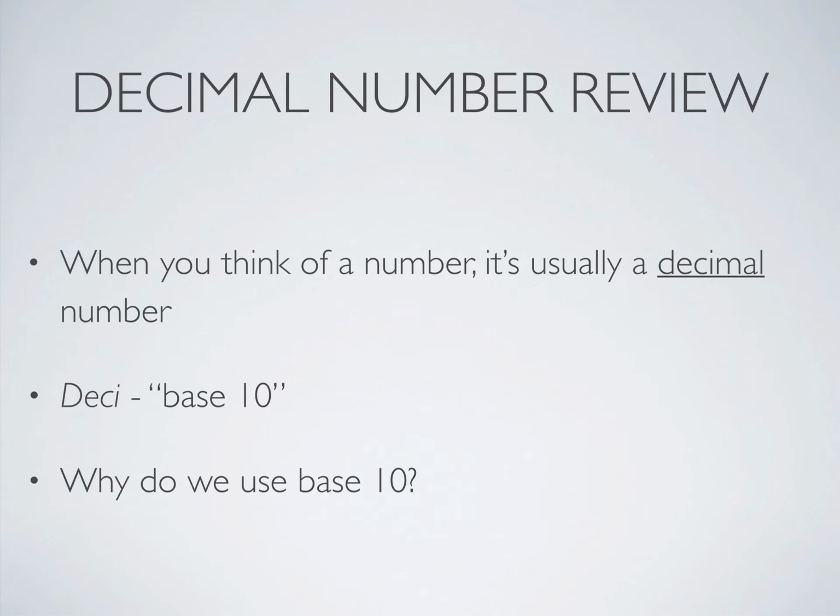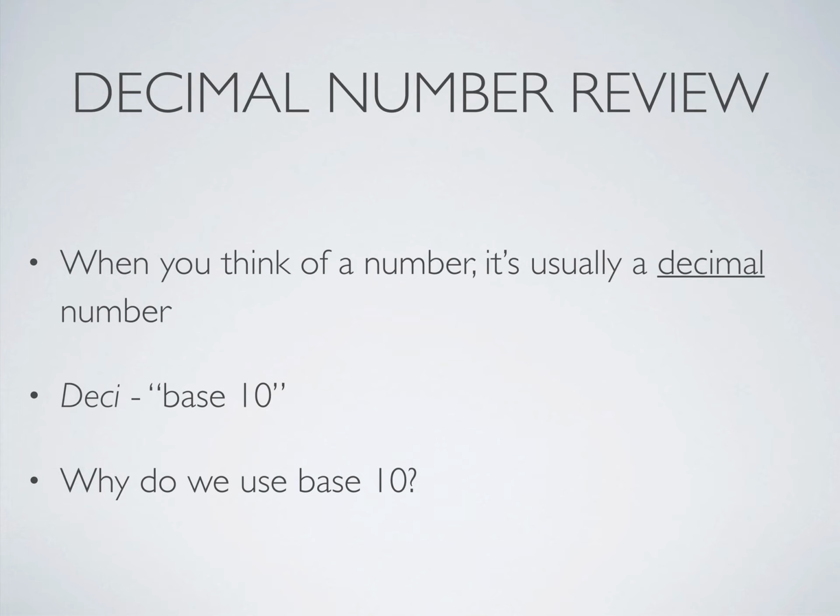Alright, before we get there, I want to do a quick review about decimal numbers. So these are numbers like we've grown up with numbers. These are numbers that are base 10. That's what the deci stands for in decimal. And the real only reason why we represent numbers the way we do in base 10 is because most humans have 10 fingers.